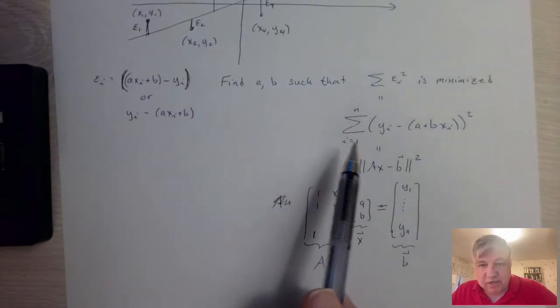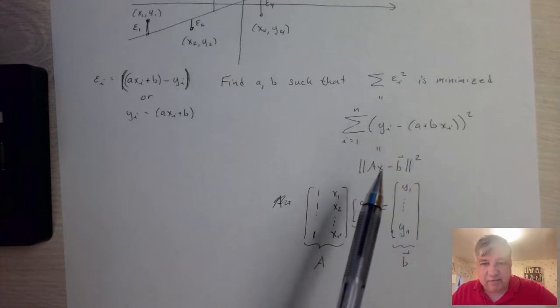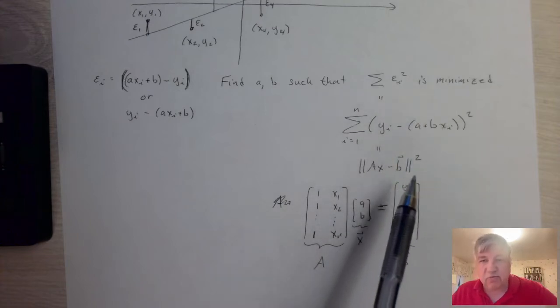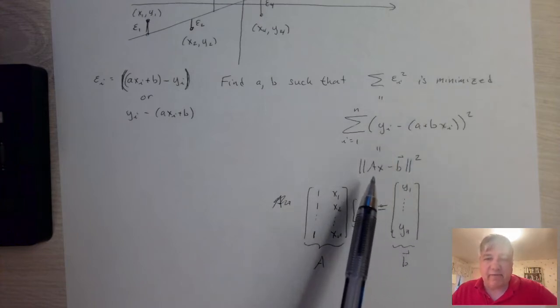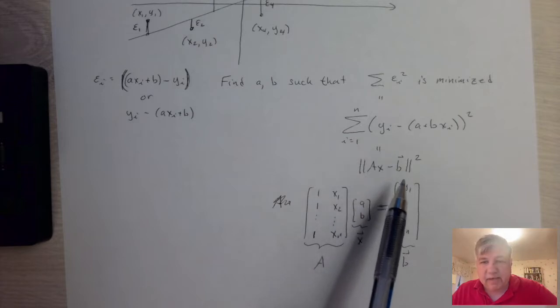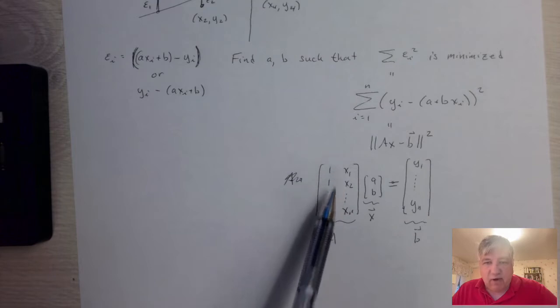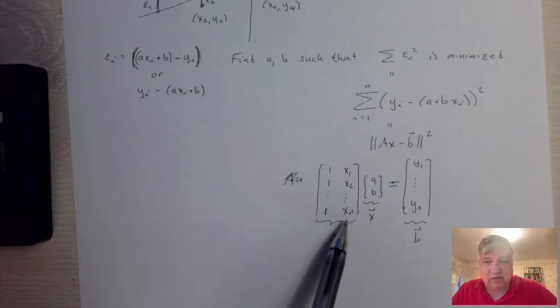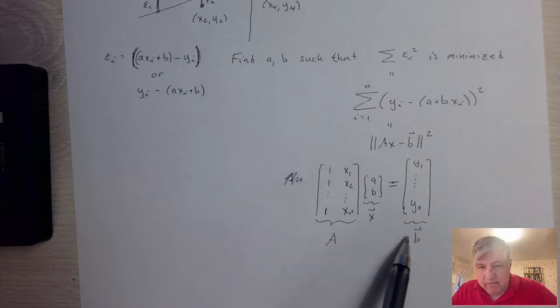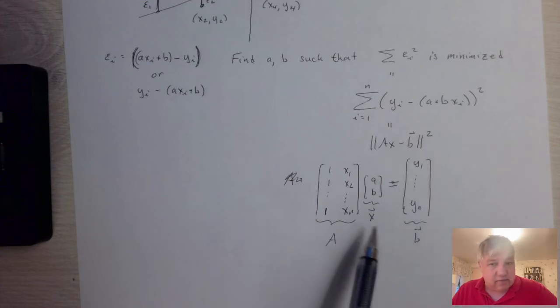and in fact the sum that we have right here is specifically the square of the length of the vector Ax minus b, where A is this matrix where we have 1s in the first column and the x coordinates in the second column, b consists of the y coordinates, and x just consists of a, b.